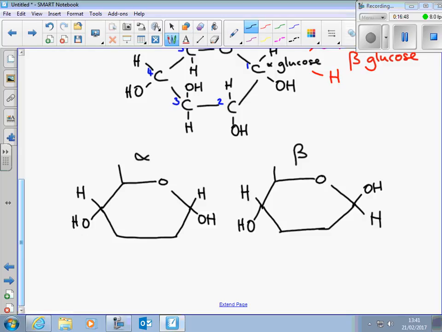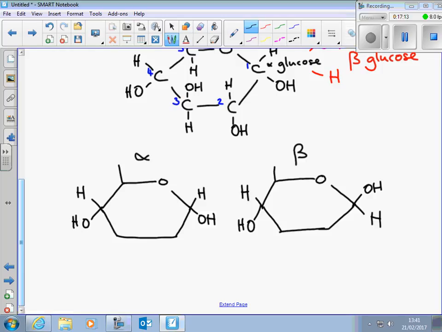The other monosaccharides are on the sheet. Well, they're all on this sheet, which is the other side of that one. So across the top there, you've got the three hexoses, the glucose, fructose and galactose. Now, if you look, glucose and galactose are very similar in terms of their layout.